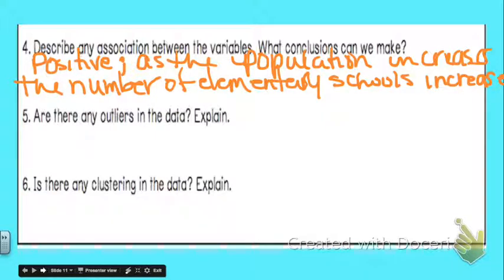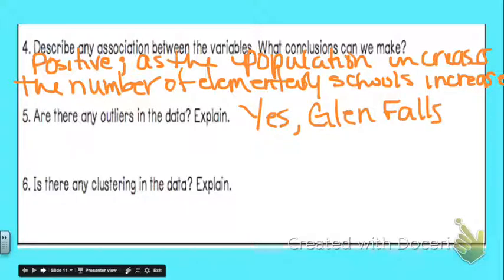Okay, so question 5. Are there any outliers in the data? Well, yes, there is an outlier in the data, and it looks like it is Glen Falls. So our answer is yes, and it is Glen Falls. Look at your data and notice that it is Glen Falls because they had a population of 20,000 and they had 20 elementary schools.